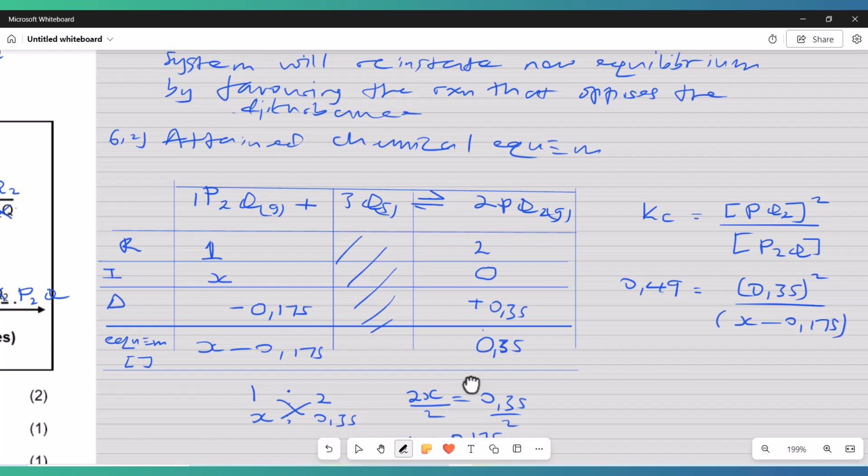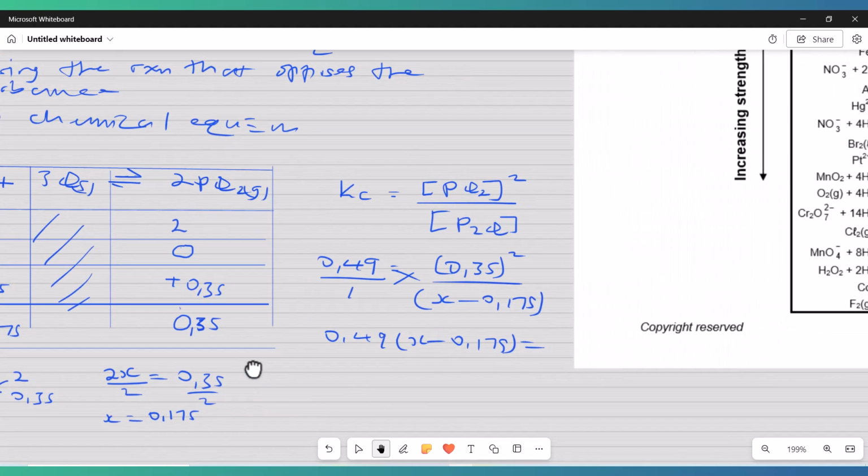0.175. Okay, so in here, I think you see I'm going to cross multiply. I'm going to have 0.49 multiplied by x minus 0.175, okay, equals to 0.35 squared.